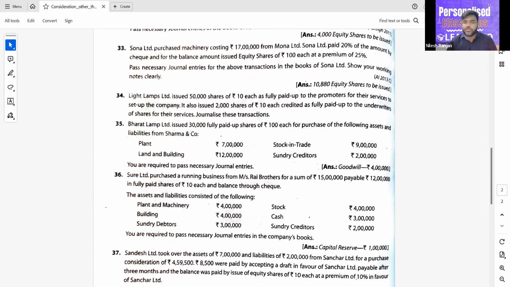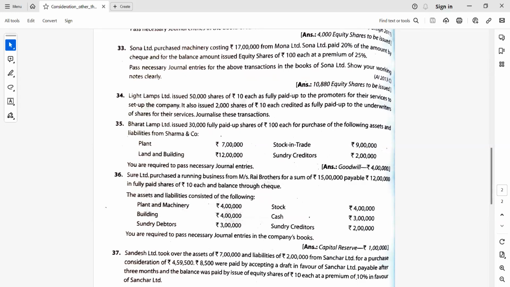Now there are two concepts left for this topic: issue of shares for consideration other than cash. One is promoter. So I'm explaining the promoter concept. When a business is started, the person who incorporates the company or who helps in incorporation of the company, they are the actual owner of the company, but here they are called promoters.